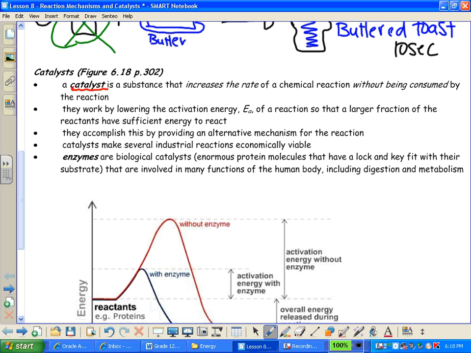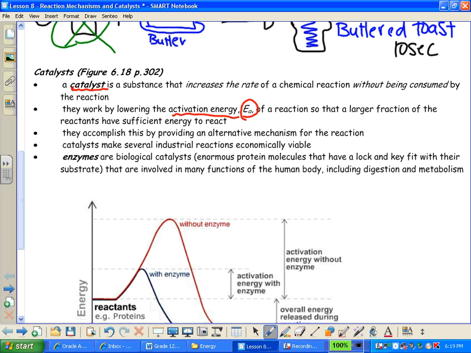So they work by lowering the activation energy. Remember, we learned that a couple of classes ago. We're looking at Ea of a reaction so that a larger fraction of the reactants have sufficient energy to react. Remember, if we want a reaction to occur, there are 2 things that have to happen. They have to have the correct orientation when they meet, and they have to have sufficient energy.